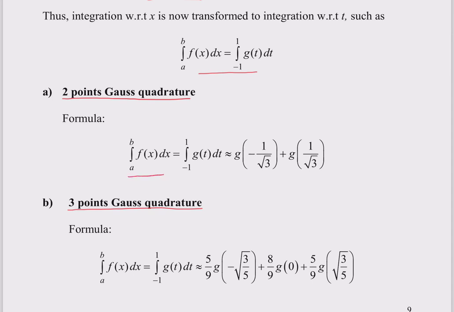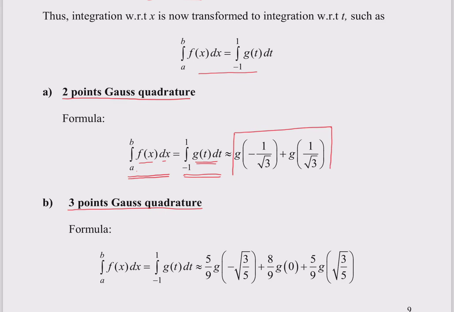On the left hand side, for the 2-point Gauss quadrature, if we want to integrate a function of x with respect to x from a to b by using Gauss quadrature, and by using our transformation formula, our function is now transformed from -1 to 1, and we integrate our function g(t) with respect to t, and this is the formula.